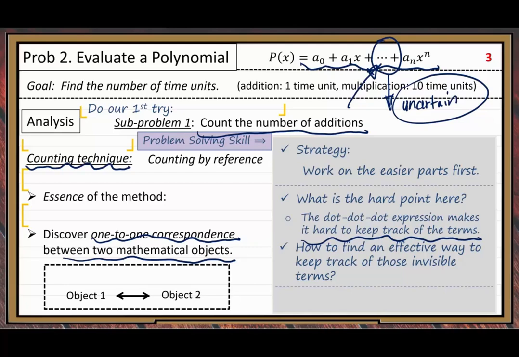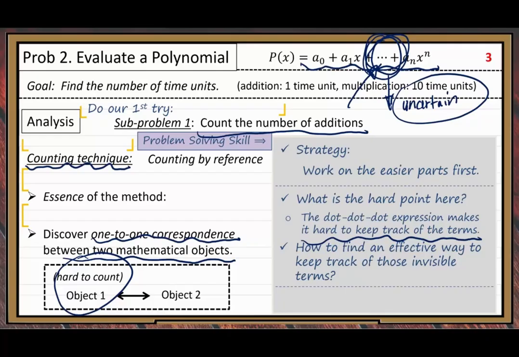That step is critical. After that, we can do the counting. Our goal is to count the number of the first mathematical objects, but due to some reason, uncertainty here, it is hard to count the number of object 1 directly.